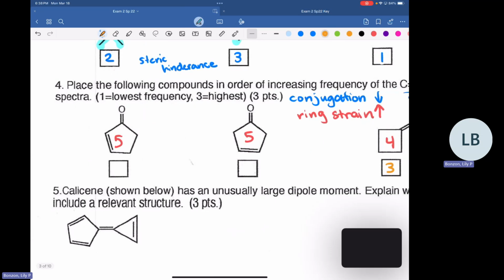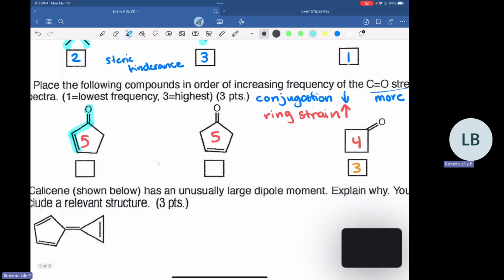And then comparing the left and the middle, the only difference is the conjugation. When we look at the double bonds, we can see that on the left, the double bond and the carbonyl double bond are conjugated, which is just alternating between double, single, double. Whereas in the middle, they're too far apart.